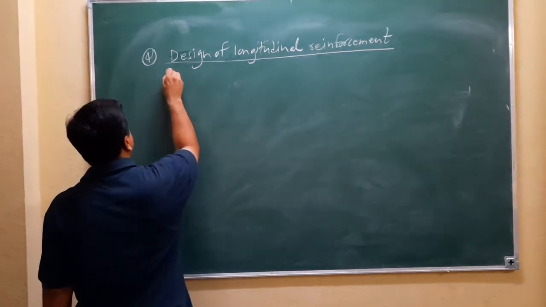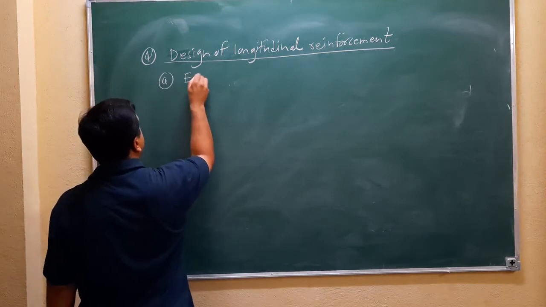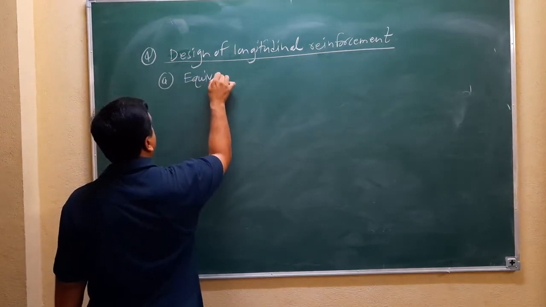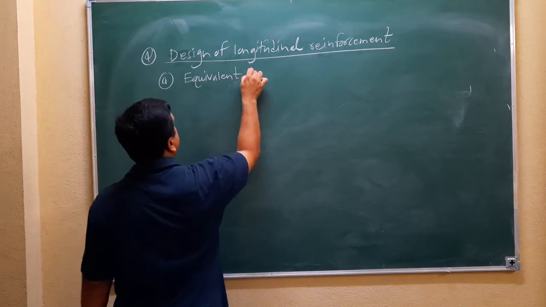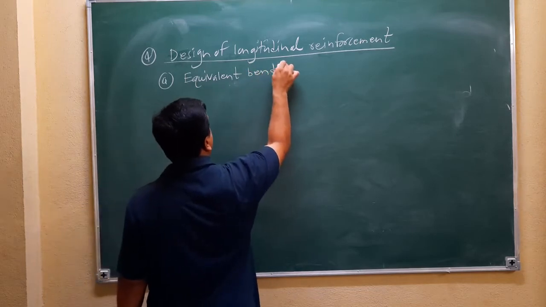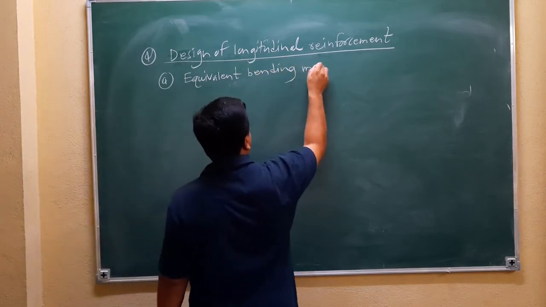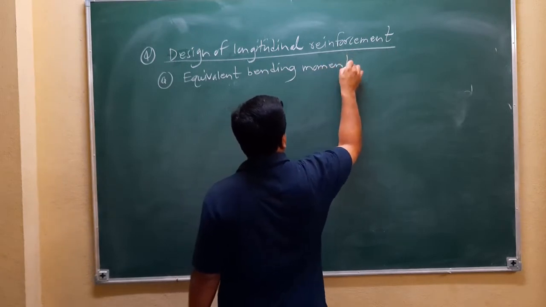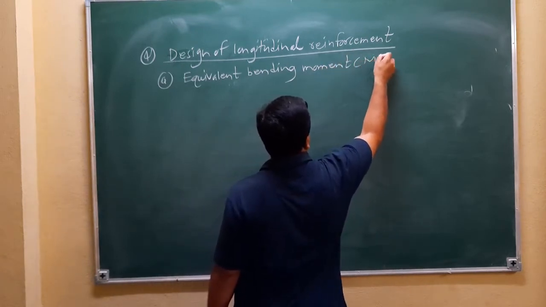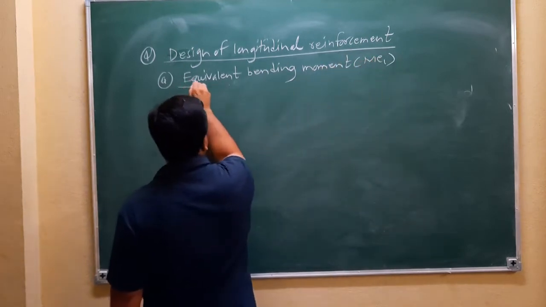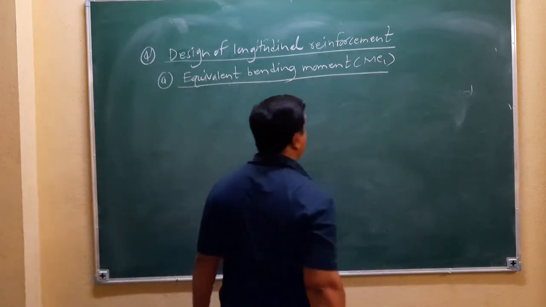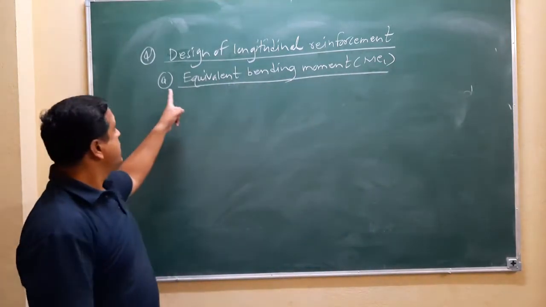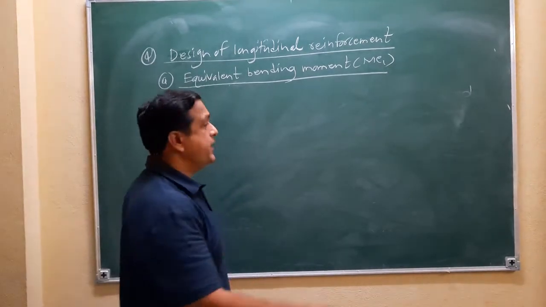So in that, first we have to find out the equivalent bending moment, it is ME1. Okay. In design of a longitudinal reinforcement, you have to first find out the equivalent bending moment.